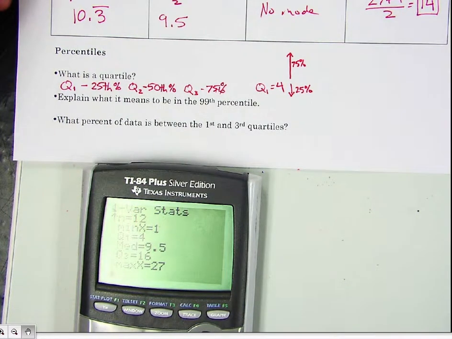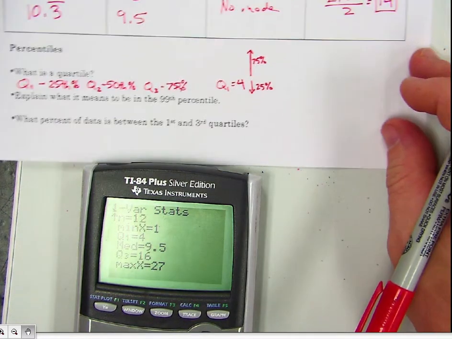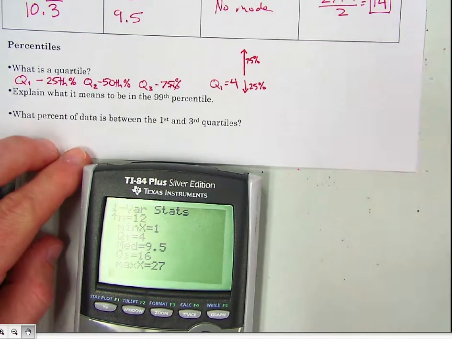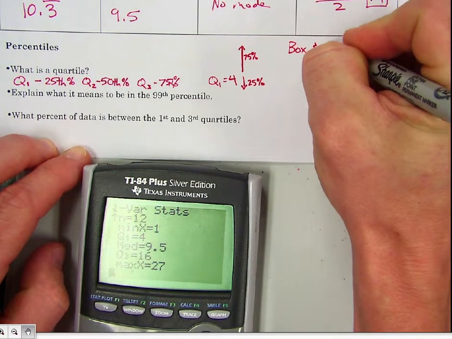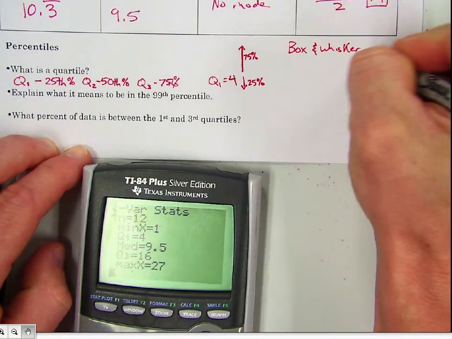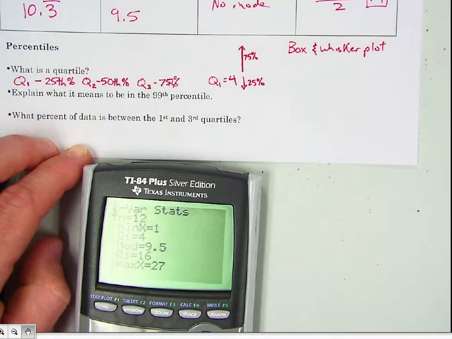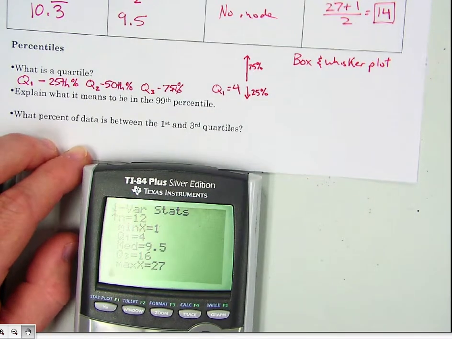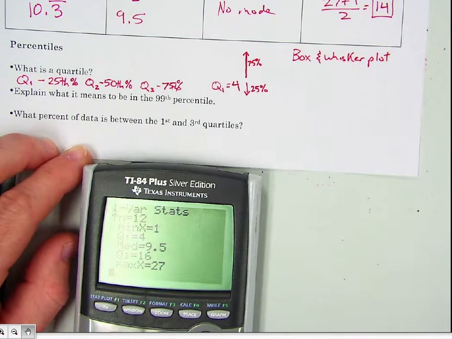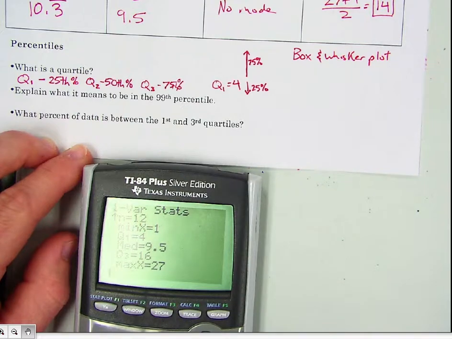Okay. And what we're going to do to kind of show this is something called a box and whisker plot. And it's showing the percentiles. That's what we do here. Okay.